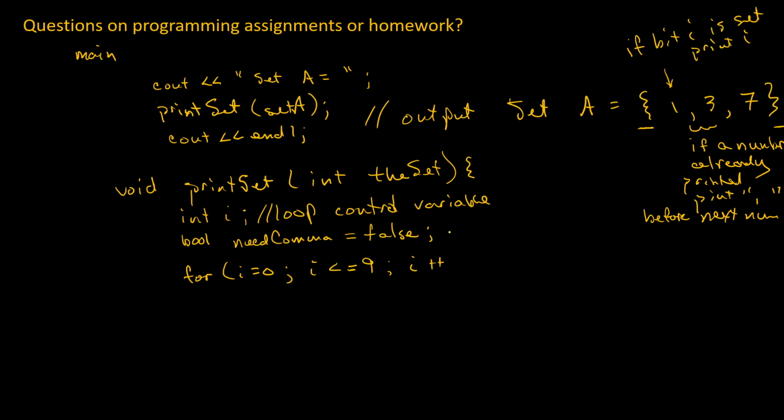Oh, I forgot my cout here. Cout, curly brace. So I print my curly brace and then I start my for loop.